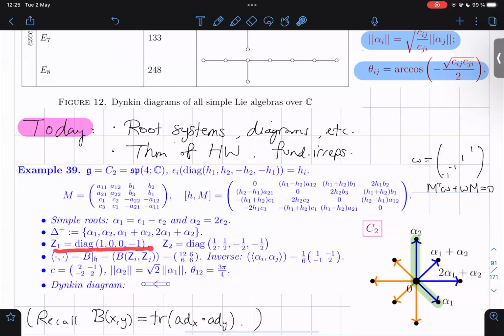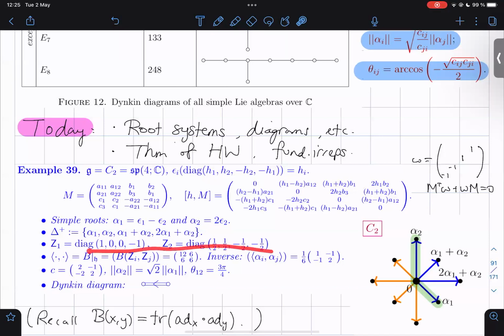The corresponding z's are the dual basis to the simple roots, given right here. So you check alpha 1 on z1 is 1: this one minus this one is 1. This one evaluated on this is 0. Similarly, alpha 1 on z2, this minus this, is 0, whereas this on this gives 1.